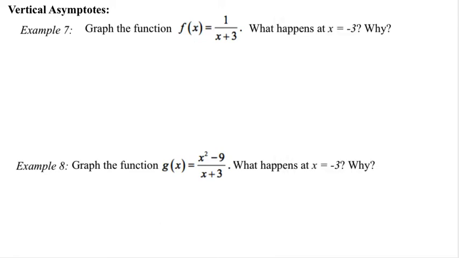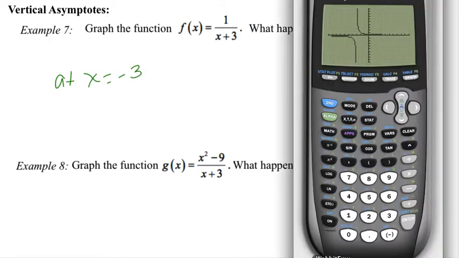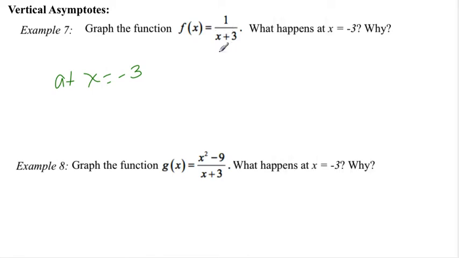If you take a look at that, at x equals negative 3, we're getting something going on there. It looks like we have a vertical asymptote, right? Why is that happening? The thing you need to be able to state is this: at x equals negative 3, we get 1 over negative 3 plus 3 if we substitute that in, which is 1 over 0.